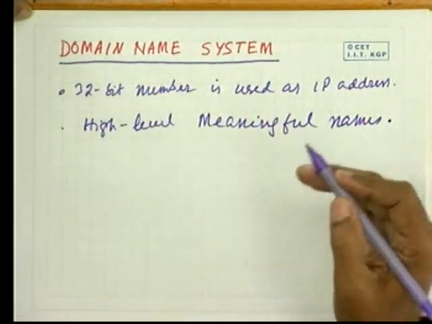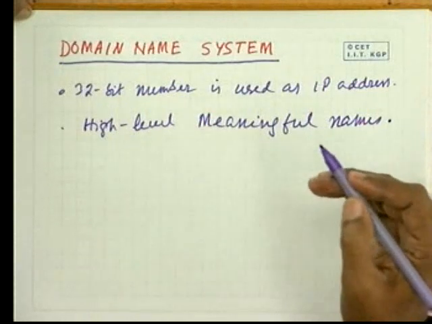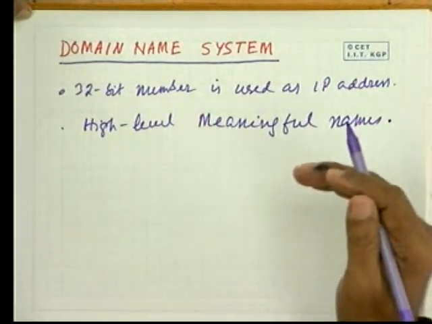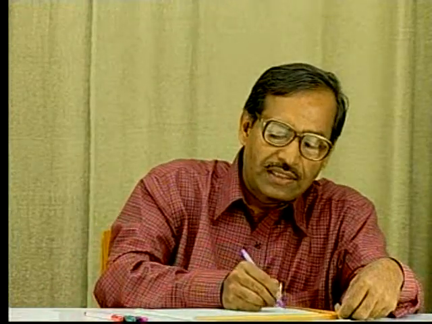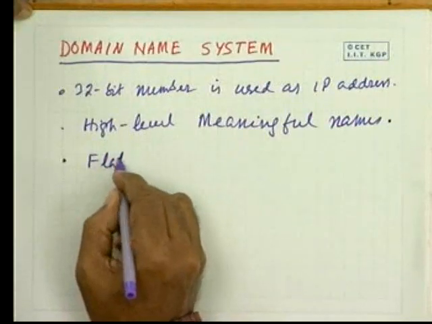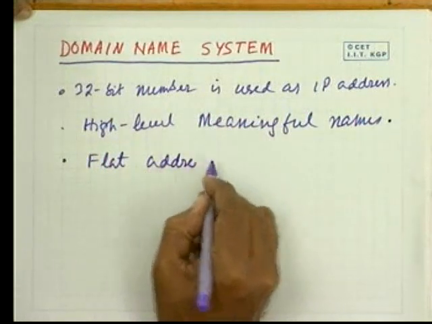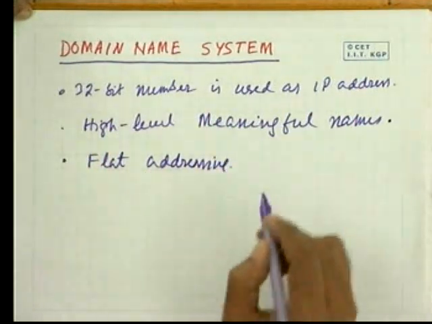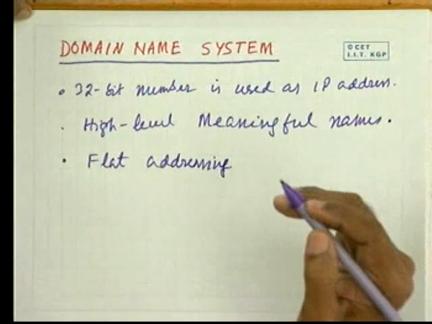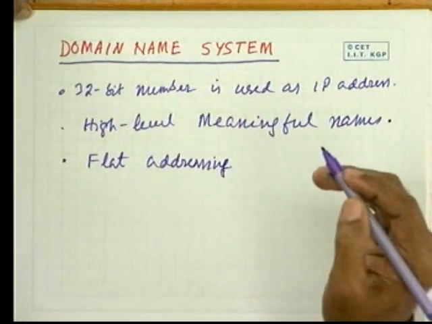In the early years of the internet, the names were assigned by a central agency, and that was some kind of flat addressing. In flat addressing, the name does not change if you take the system from one place to another.